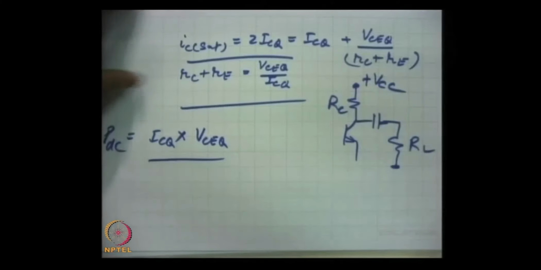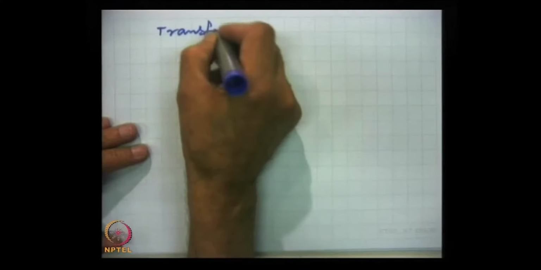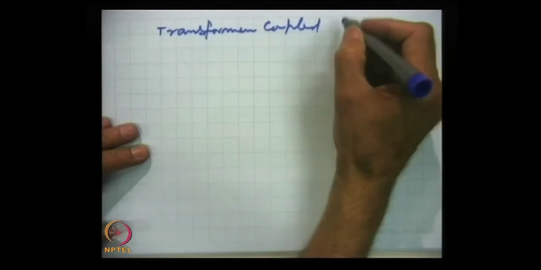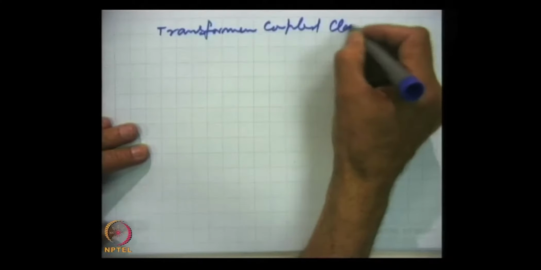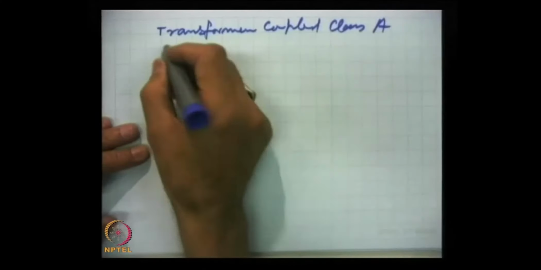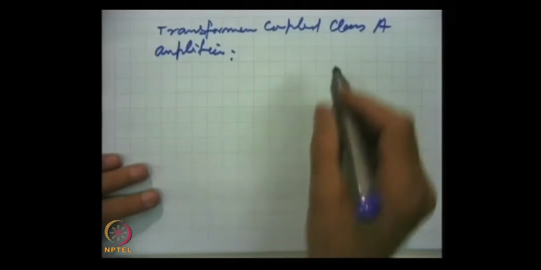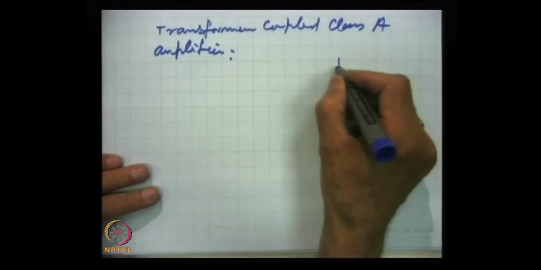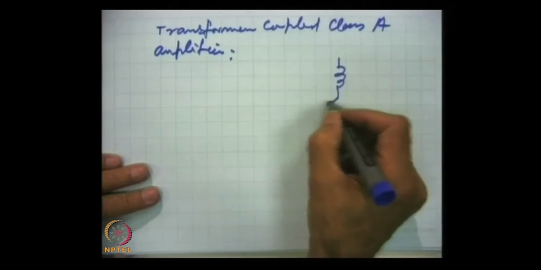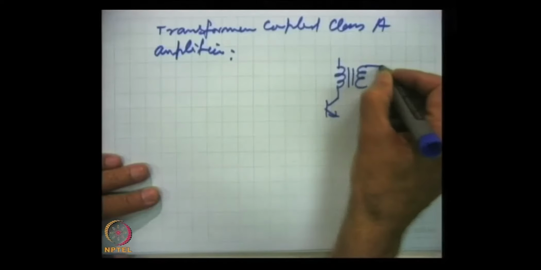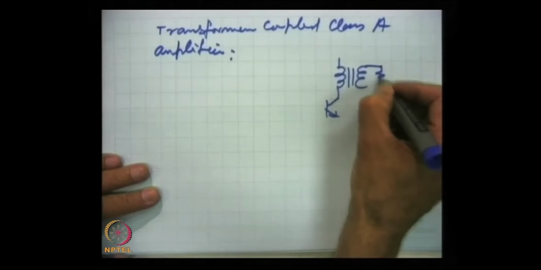But then we move to transformer coupled class A amplifier. Now, here this is the simple design, this is the primary of the transformer and this is the load RL.